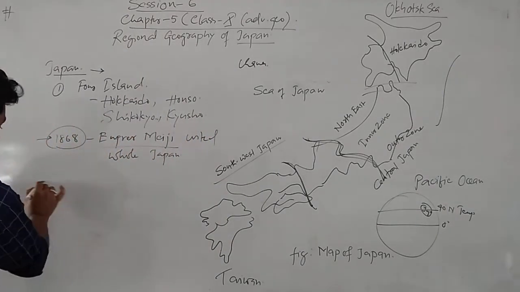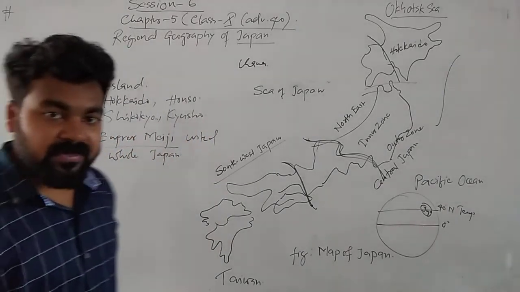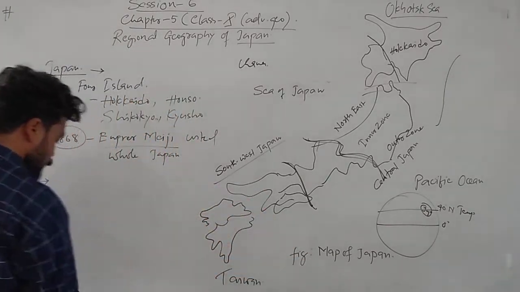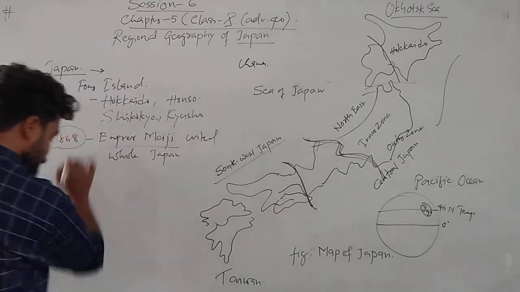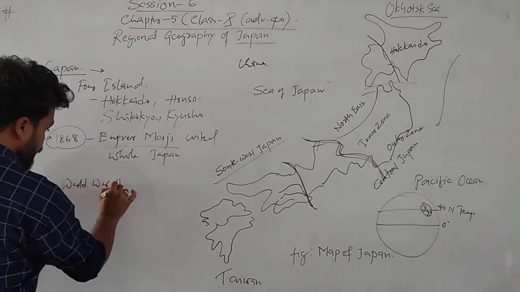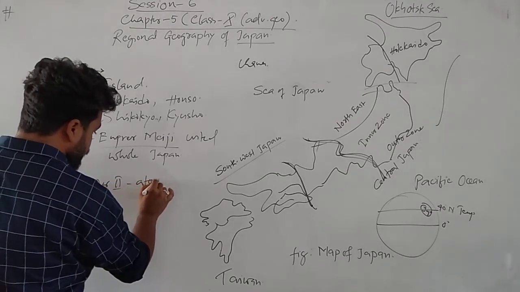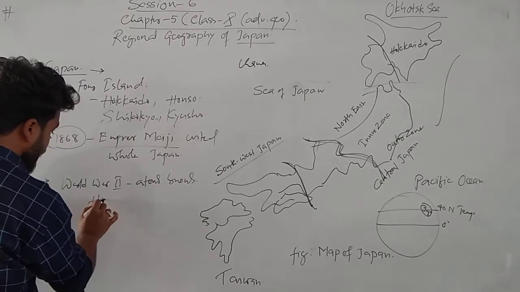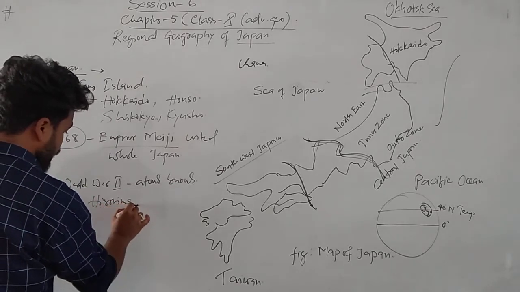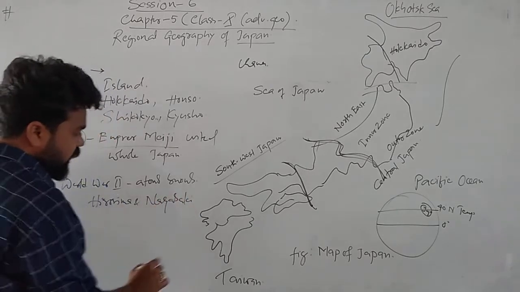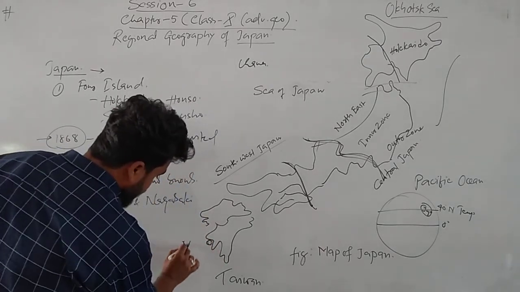Then during World War II, an atom bomb was blasted at Hiroshima and Nagasaki. Hiroshima and Nagasaki fall in this part. Here Nagasaki is there, and here Hiroshima is there.